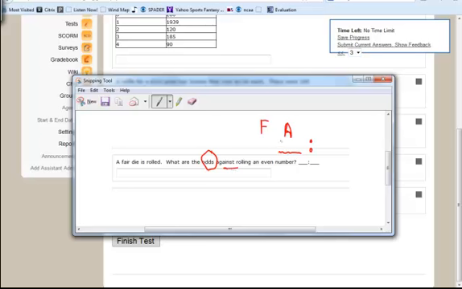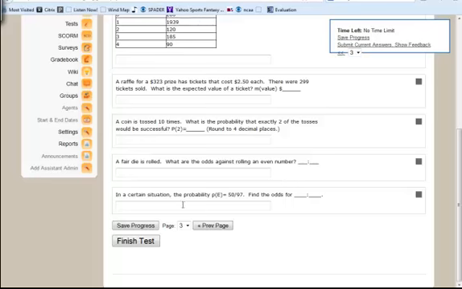Well, the even numbers are 2, 4, 6. There are 3 ways to win. How many ways are there to lose? 1, 3, 5. So you would rate that as your probability. You could simplify it to 1 to 1.